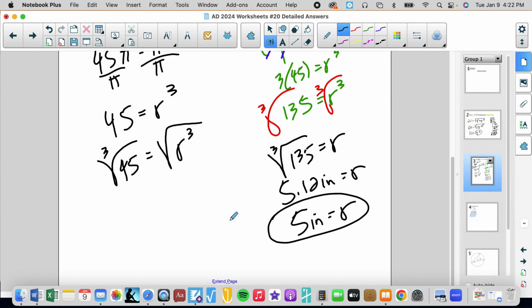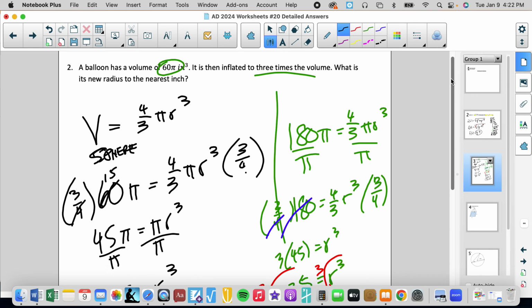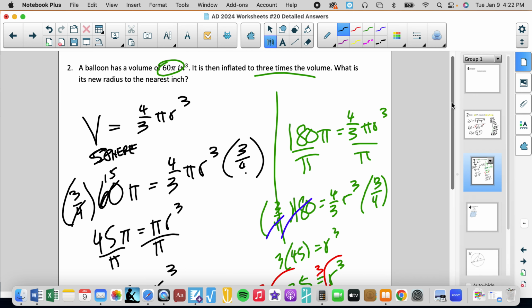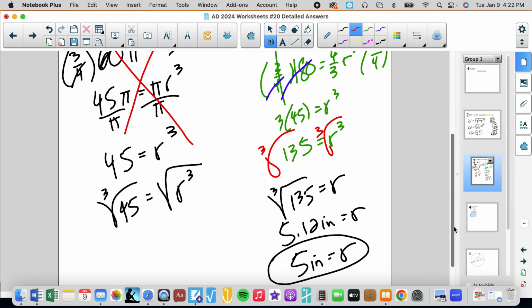Yeah, see? So that's interesting. 3 times. Oh, I would also have to cube that. No, I don't know. Well, that's wrong. We would need 3 times the volume.